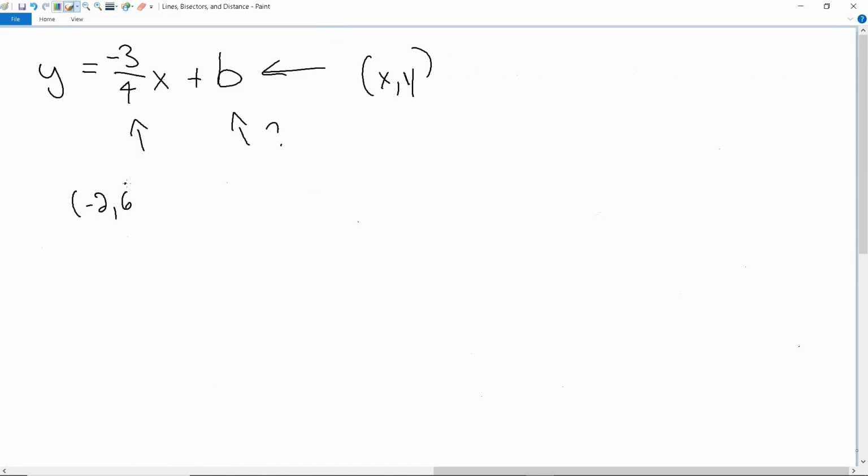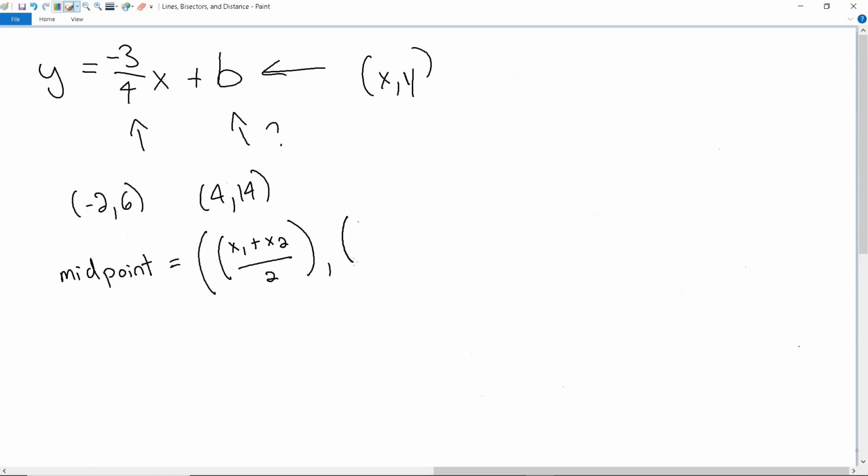So let's get our original points again. We need to solve for the midpoint, and the way we do that is with a midpoint equation. We're just going to add our x terms together, divide by 2, and also add our y terms together and divide by 2.